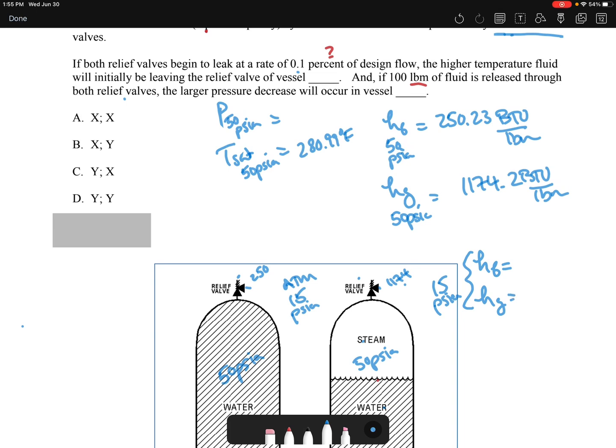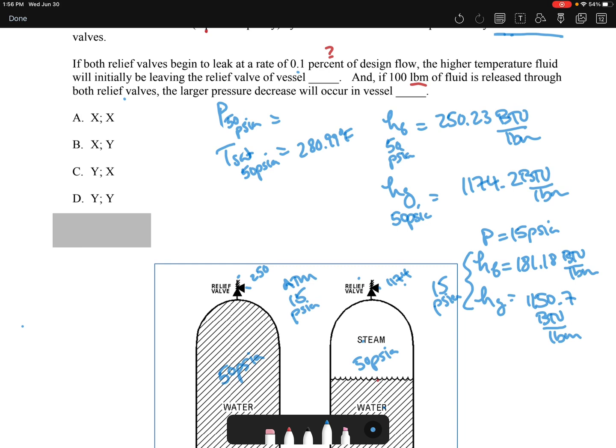So if you look on table 3, since it's the best table, you'll know that at 15 psi, pressure equals 15 psi, you have 181.18 BTUs per pound mass for saturated water enthalpy and 1150.7 BTUs per pound mass for saturated steam.